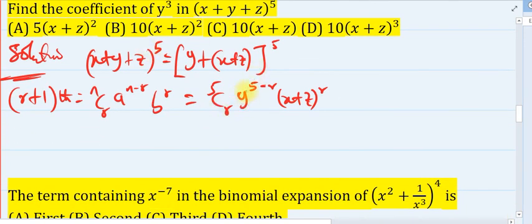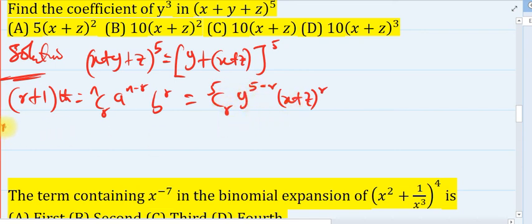The only way we can get 3 is if r is 2. Check it. If we make r equal to 2, we have 5 minus 2, which is 3. So whatever is remaining is the coefficient.